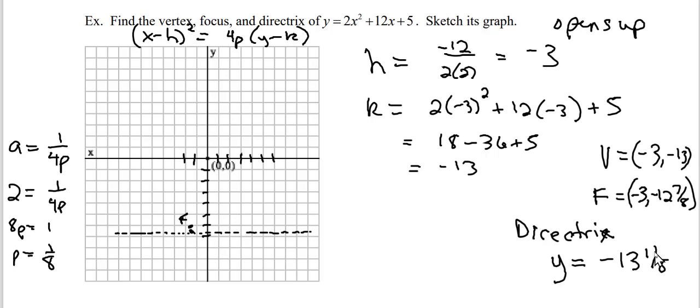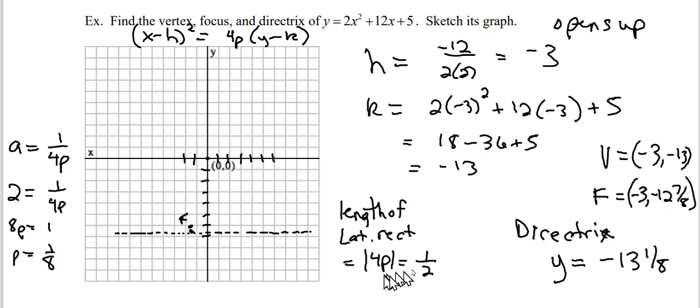It asks us to graph this. Remember the length of the latus rectum is the absolute value of 4p. So in this case, 4 times 1/8 is 1/2. That means my total length of my latus rectum is 1/2. So I'm going 1/4 each way.